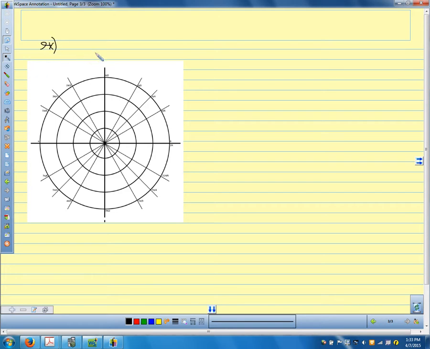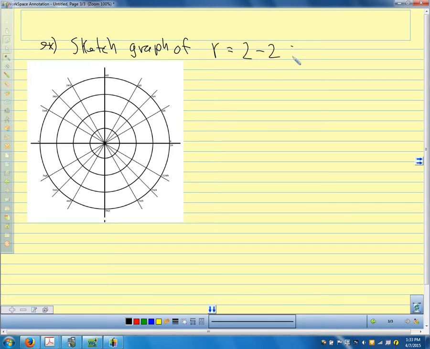So for this one, we want to sketch a graph of r equals 2 minus 2 sine theta. Before we even start sketching, our only trig function is sine of theta.